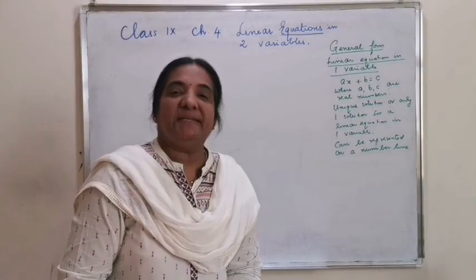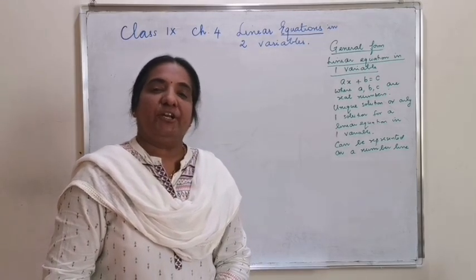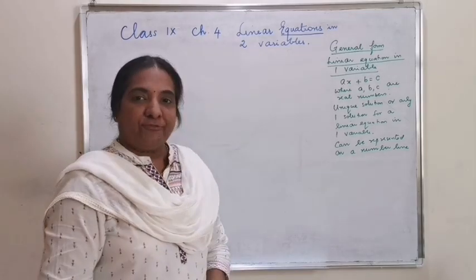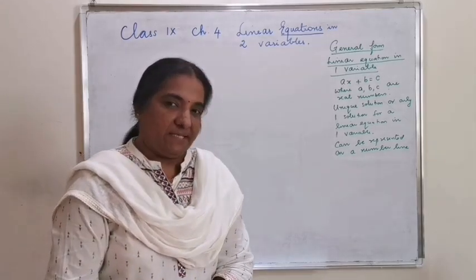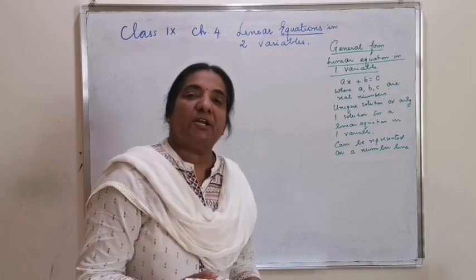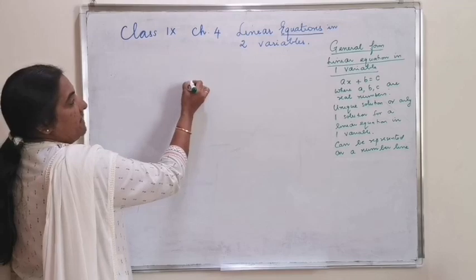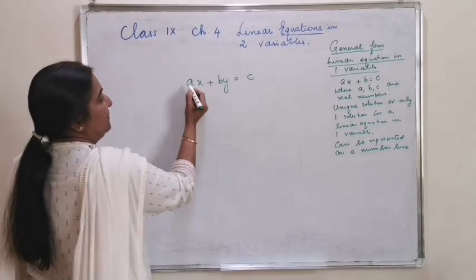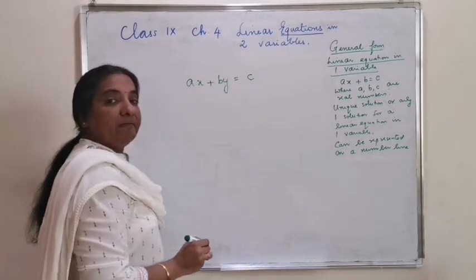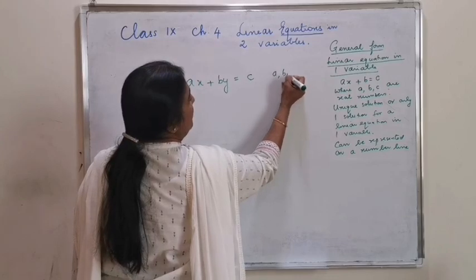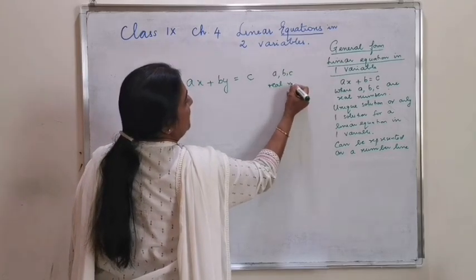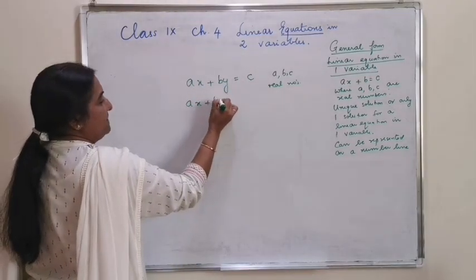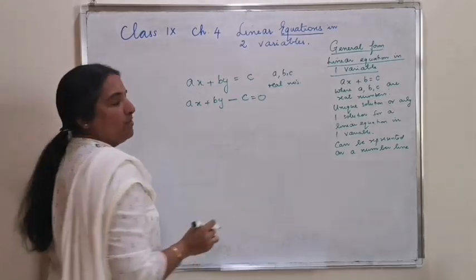Based on the situations we discussed, can we define a general form for a linear equation in 2 variables? If a, b, c represent any real numbers, a linear equation in 2 variables can be expressed in the form ax plus by equal to c, or the same can be written as ax plus by minus c is equal to 0.